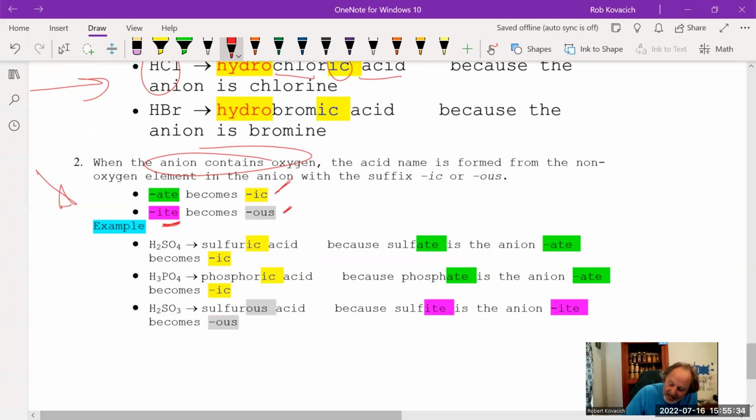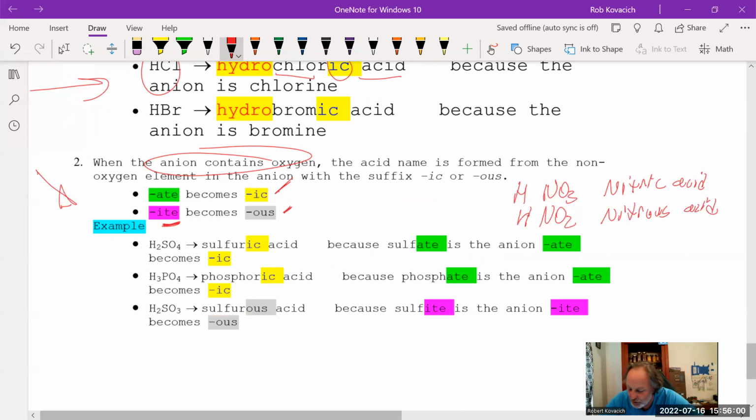Okay, so if I've got NO3 and NO2, this is nitrate and nitrite. If I put an H on here to cancel out the charge, this is HNO3 and this is HNO2, so nitric acid and nitrous acid.